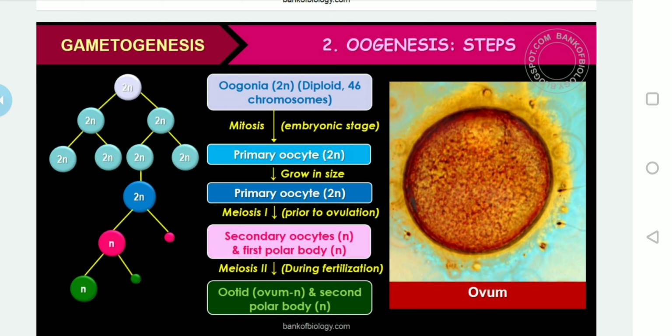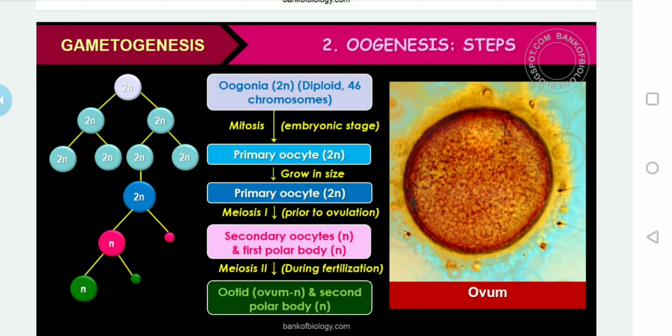Now the first meiotic division is reductional, so that means 2N gets converted into N. The diploid nucleus divides into 2 haploid nuclei, but due to unequal cytokinesis, the cytoplasm will not divide equally. One will become large, one will become small.